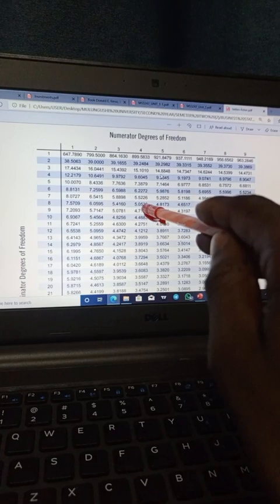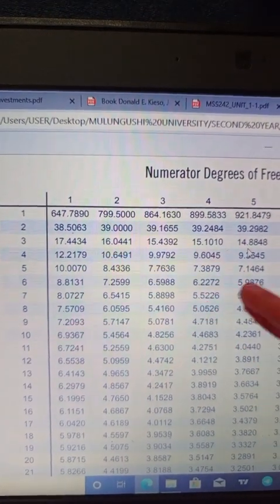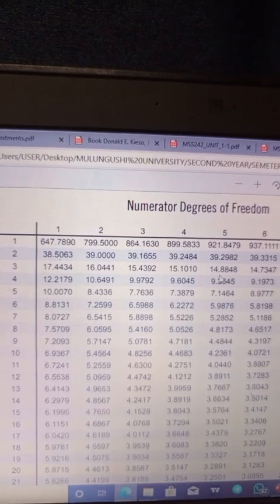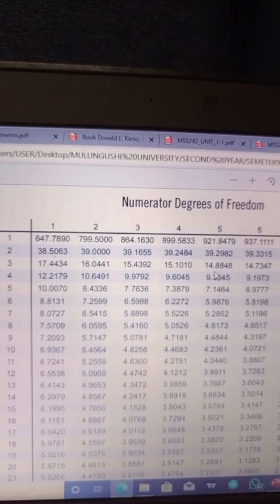These are the coordinates you have, 4, 7, meaning 4 is the row and 7 is the column. Where they coincide is where you get the number. The number in that case is 5.5226.